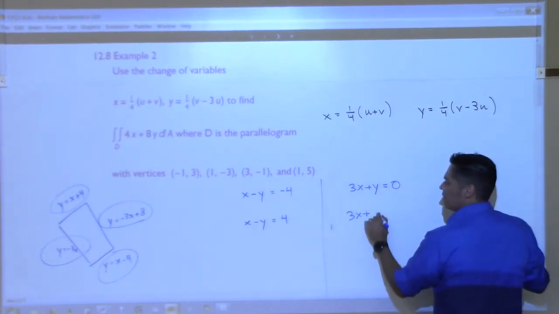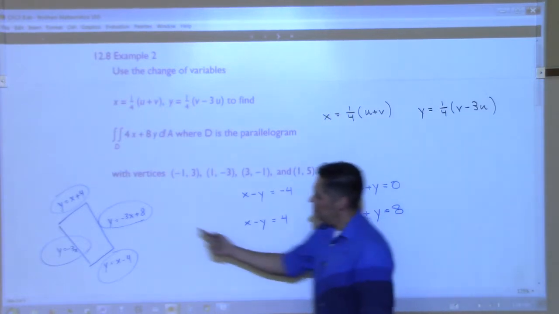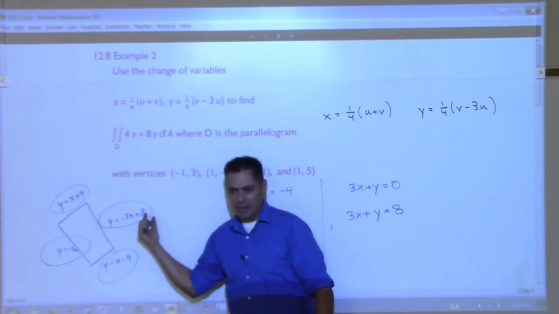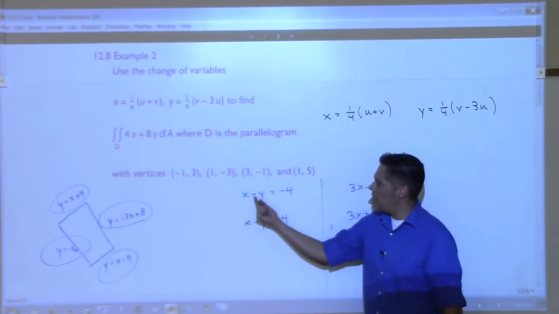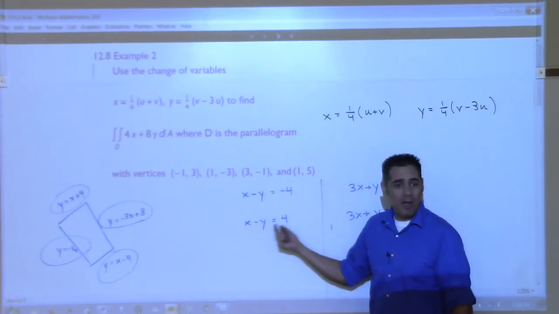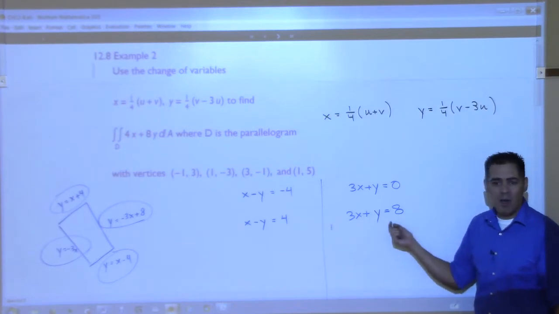What did I want? 3x plus y equals 8. That's what I meant to do. Move this over, leave the 8 there, right? So do you see this right here? X minus y is a constant. 3x plus y is a constant. 3x plus y is 8.